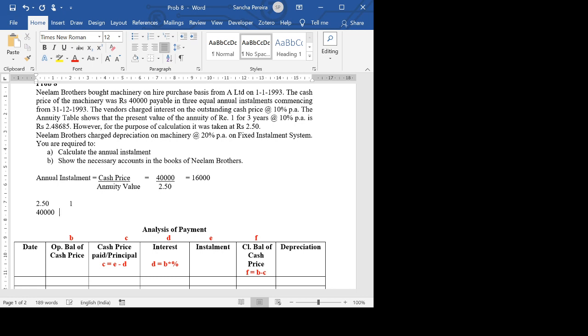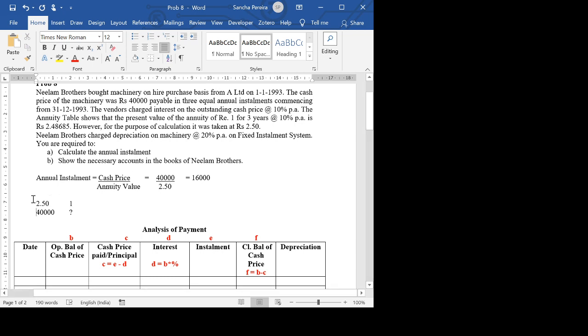If you pay today, you will be paying 40,000. If you pay in installments, you'll be paying much more. So 40,000 into 1 divided by 2.5 gives me 16,000. I've not just made up this formula.